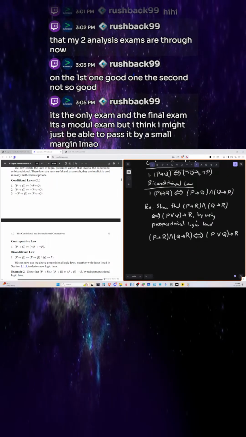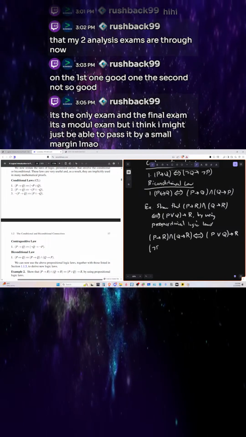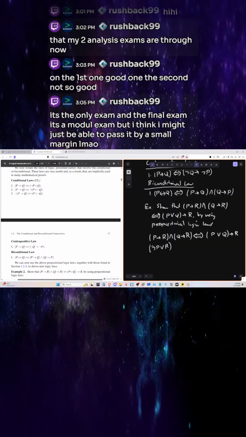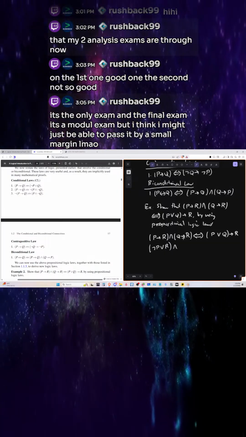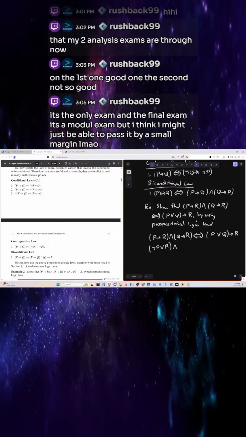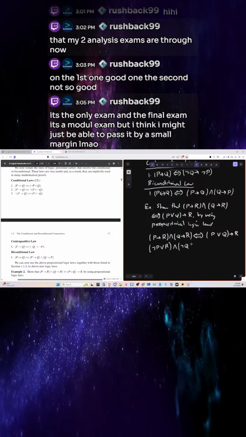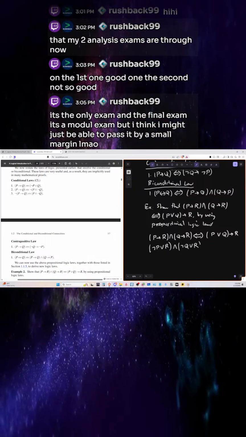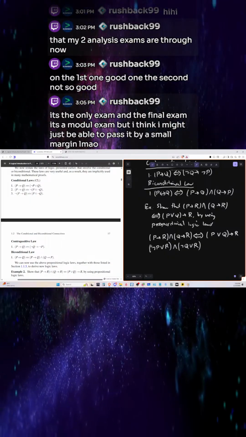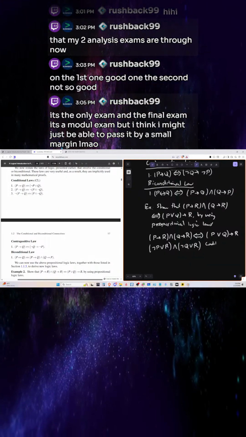So if P implies R, then that would mean not P or R, and so this one is the conditional laws. So, not Q or R. So, this is the conditional laws.